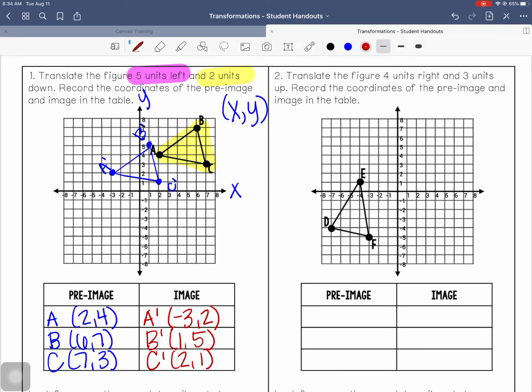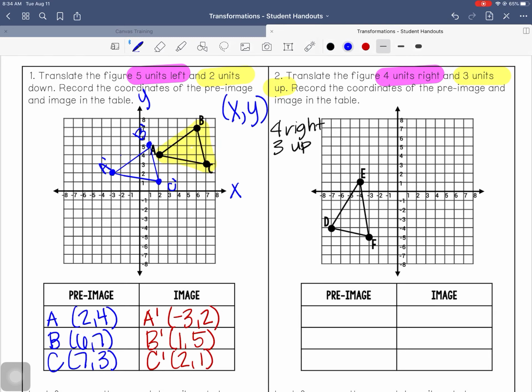Number 2 says, translate the figure 4 to the right and 3 up. Sometimes I've had my students in the past write 4 right, 3 up. So that's 4 positive, 3 positive. We're going to go point by point.